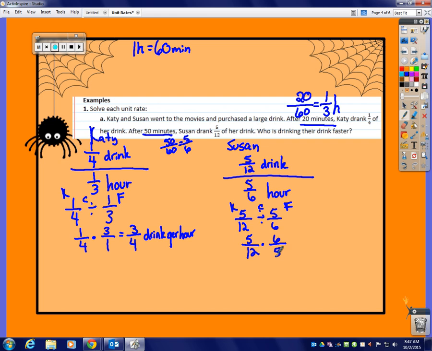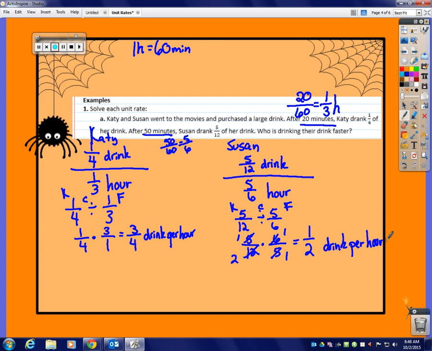We can simplify. 5 divided by 5 is 1. 5 divided by 5 is 1. 6 divided by 6 is 1. 12 divided by 6 is 2. Top times top, bottom times bottom. So Susan drank half of her drink in 1 hour.